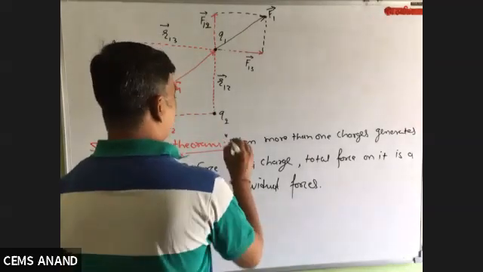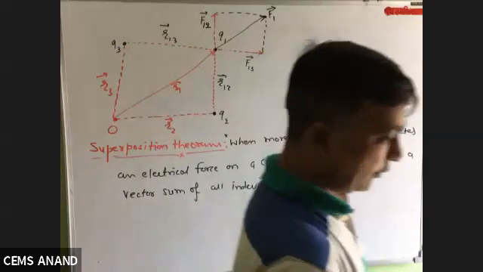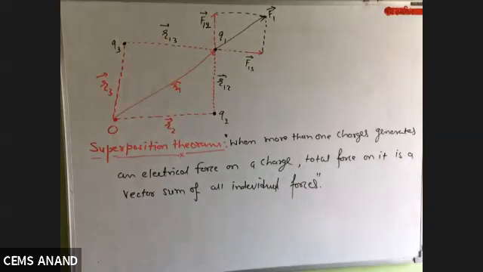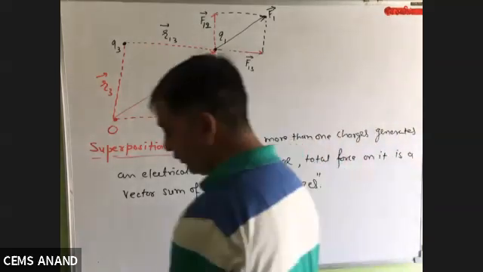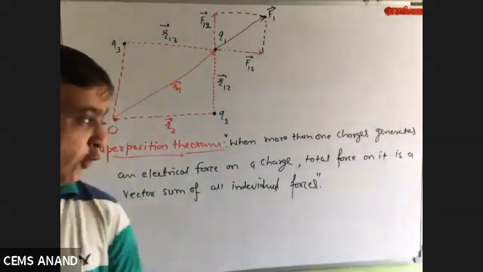So this is the superposition theorem, or even we can write: when more than one Coulombian forces are acting on a charge, the resultant Coulombian force acting on it is equal to the vector sum of all individual forces.